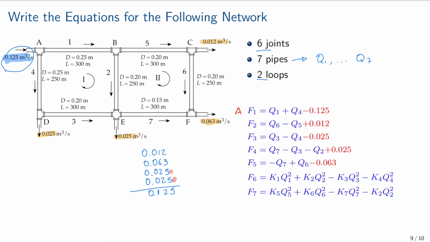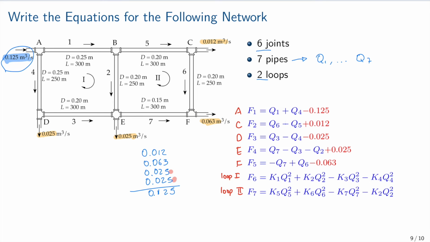F1 corresponds to joint A, F2 corresponds to joint C, F3 to D, F4 to E, F5 to G, to F, and F6 to loop 1, and F7 to loop 2.